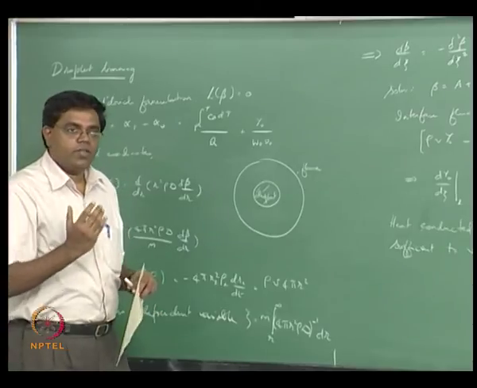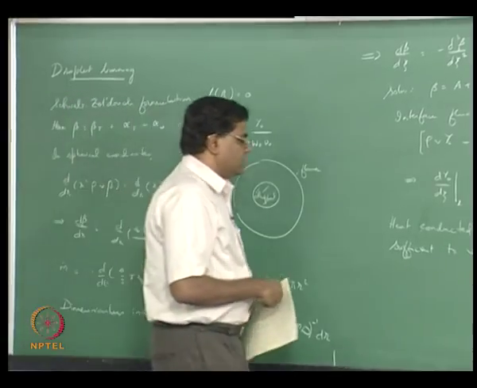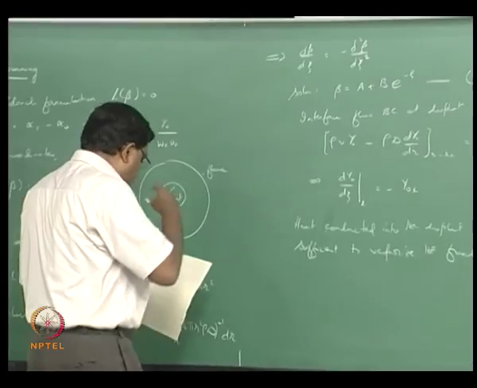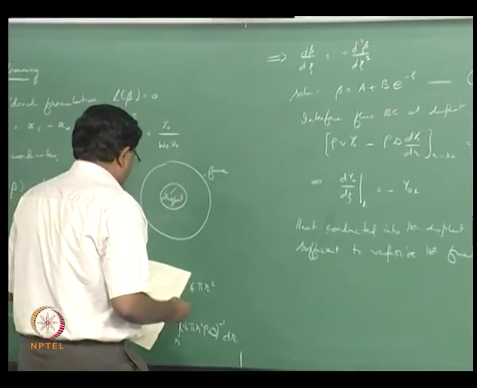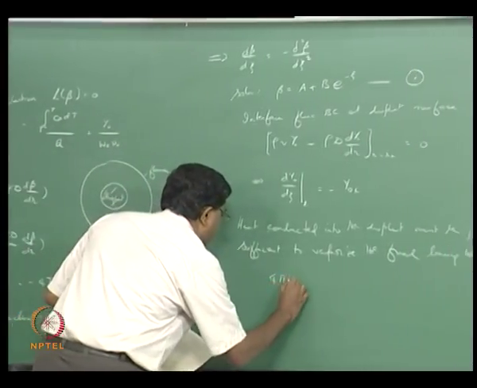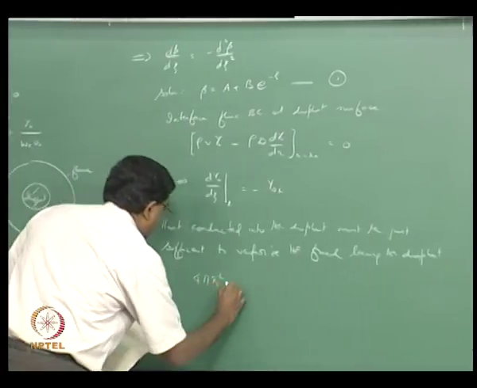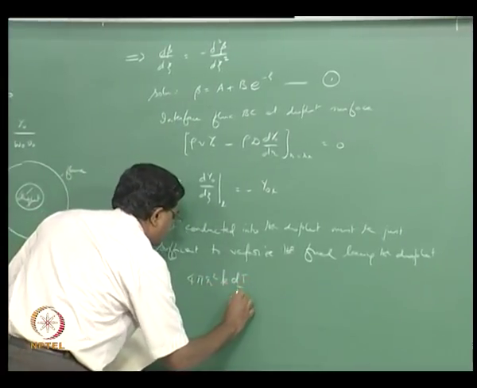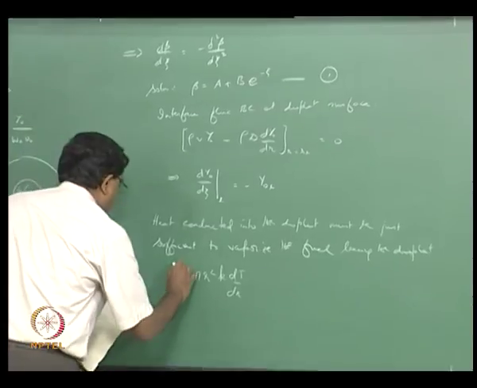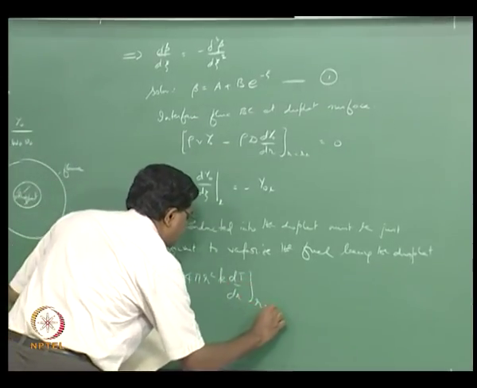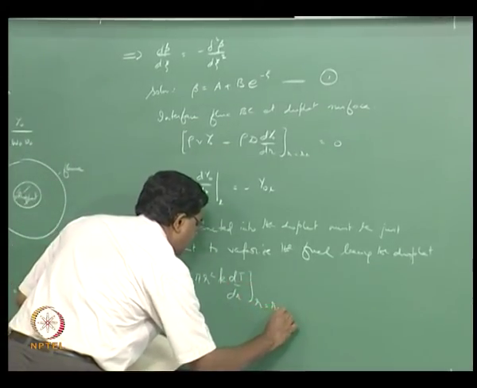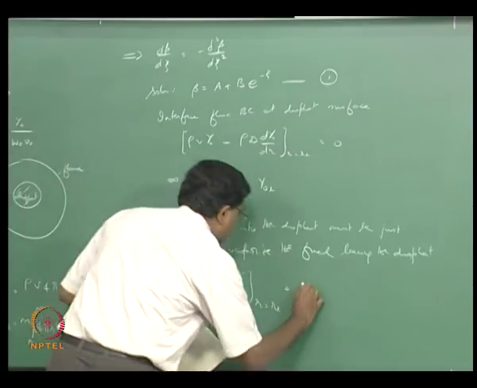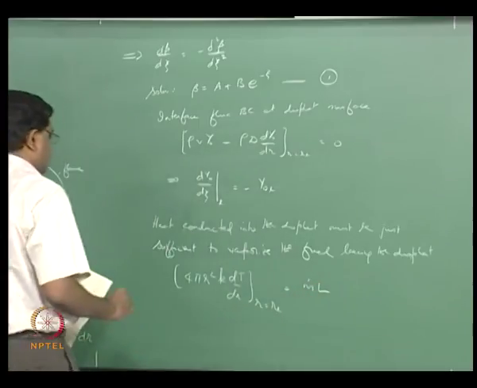Okay, that's a kind of equilibrium that's attained, and this is reasonable. So what this means is 4 pi r squared k dT by dr at r equals r_l is equal to m dot L.